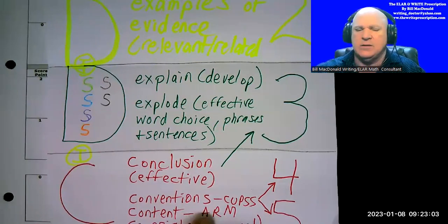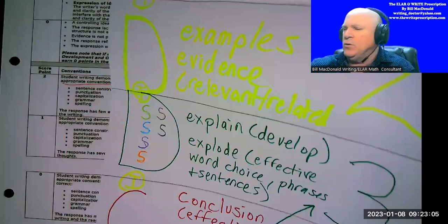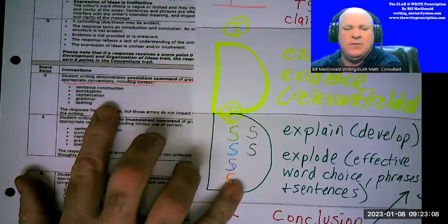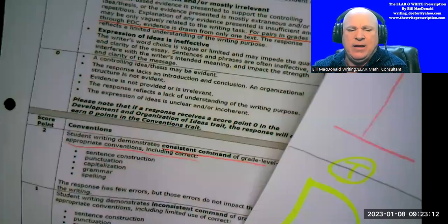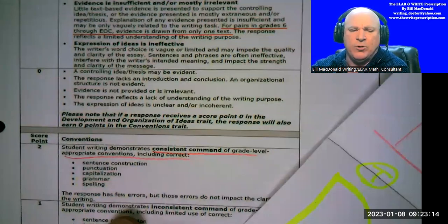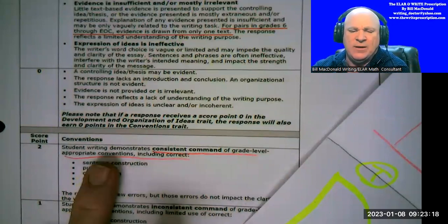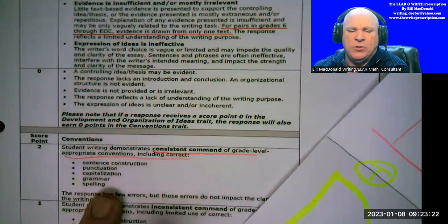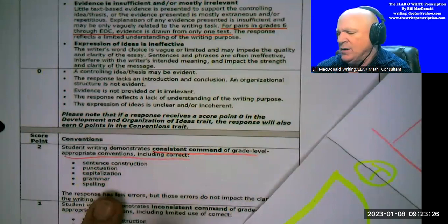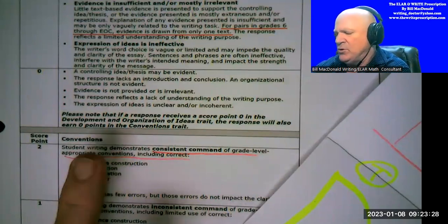And it says here that in order to do well in the conventions, you have to have a consistent command of grade level appropriate conventions, which is basically glorified CUPS. Just don't forget that you also want to improve the content, which is how it's organized and developed before you turn it in.